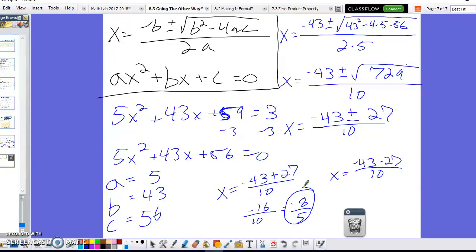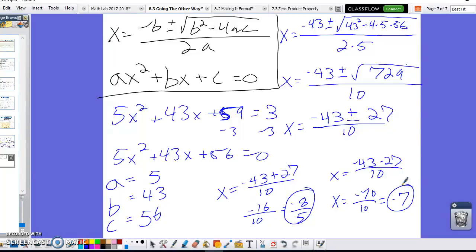You could write that as negative 1 3/5 if you'd like. It doesn't matter to me. This problem here, what do I have? Negative 43 minus 27 should be negative 70 divided by 10. Negative 70 divided by 10 would be negative 7. Okay, so I've got two answers there.